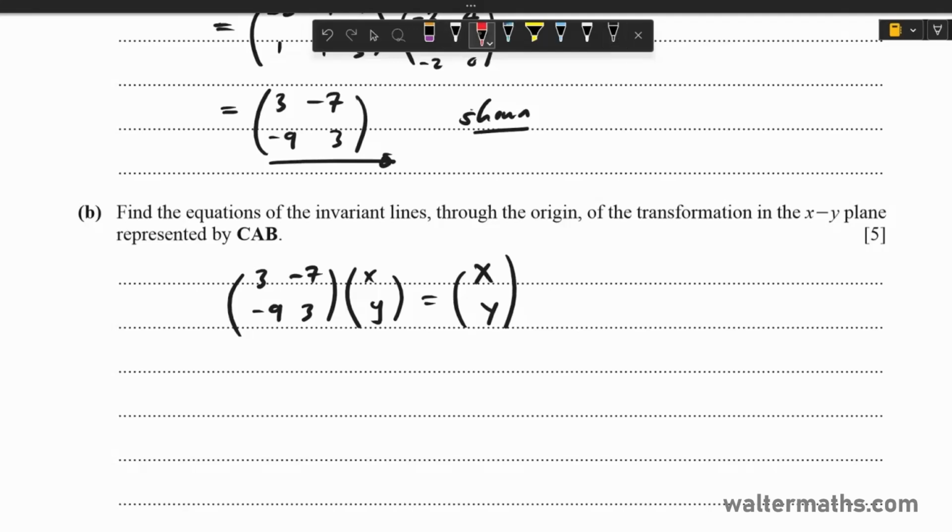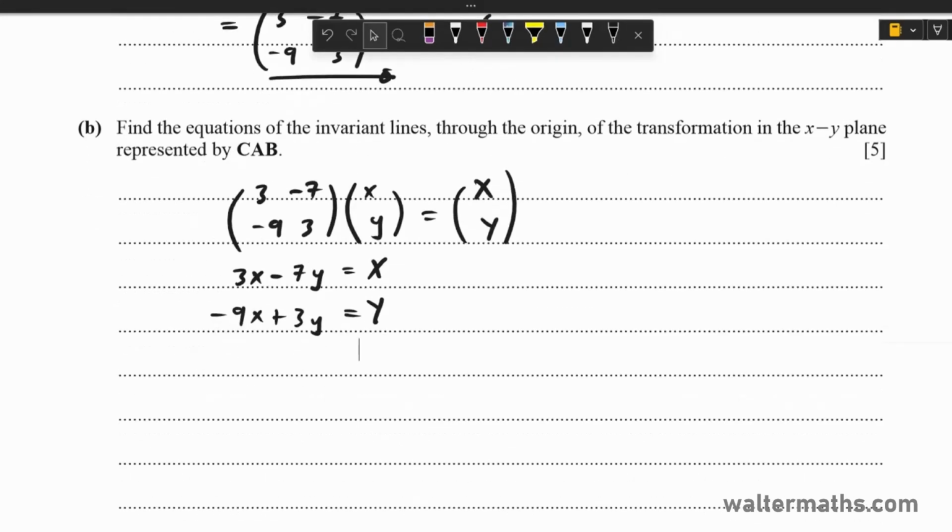If we do this row and this column, we get 3x minus 7y equal to big X. Then when we do this row times this column, we get minus 9x plus 3y equals to big Y. All right, so that's what we are having right here.